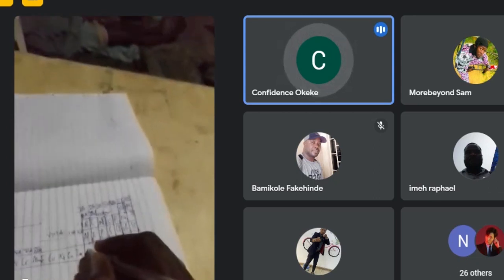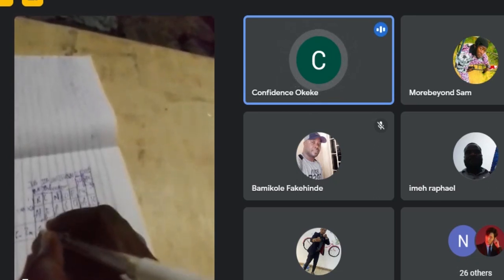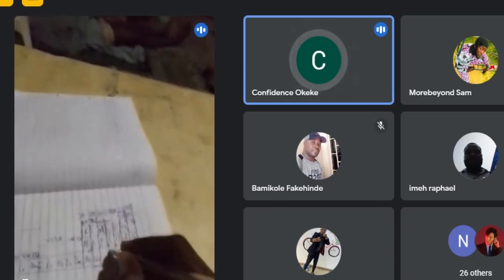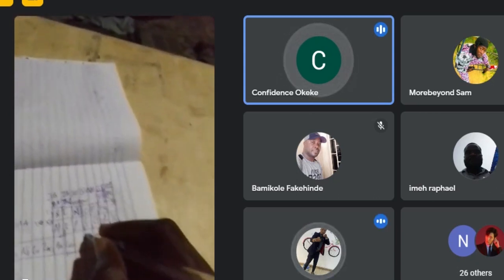What's going to be here? Gallium, germanium, selenium.